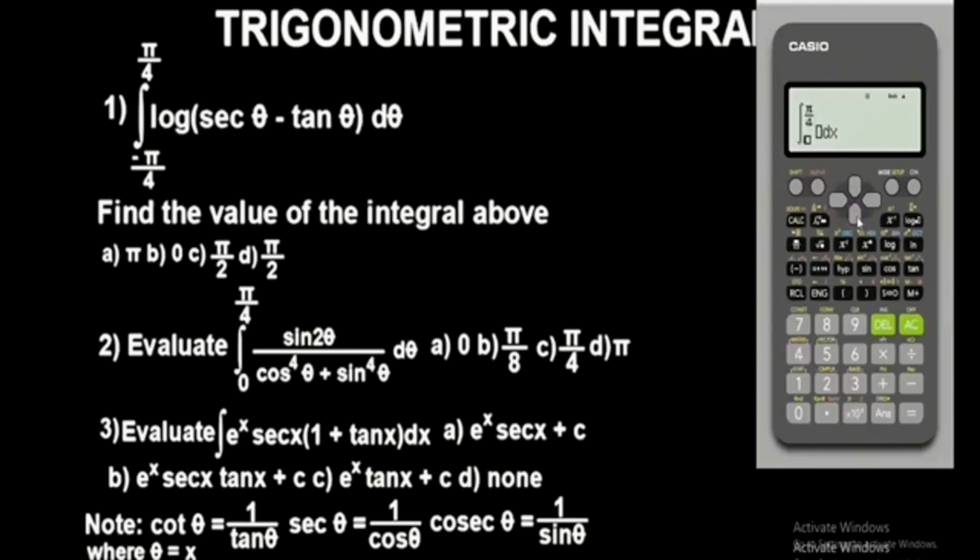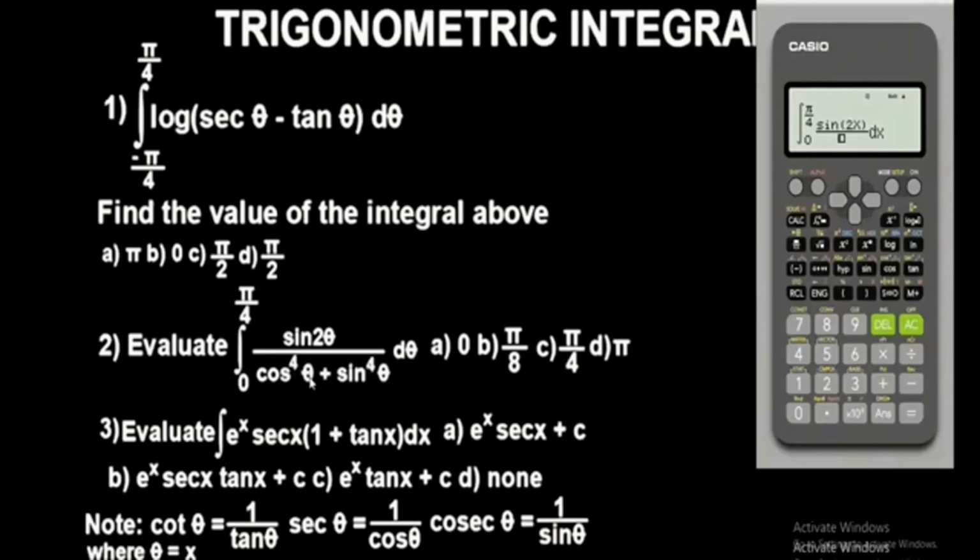Then the lower limit, we have it to be 0. Then come to this side, the center box is in fraction. We have sine 2 theta, which is sine 2x, theta is x guys, close the bracket, over, then we have cos to the power of 4 theta.